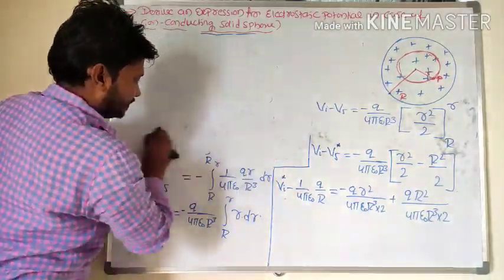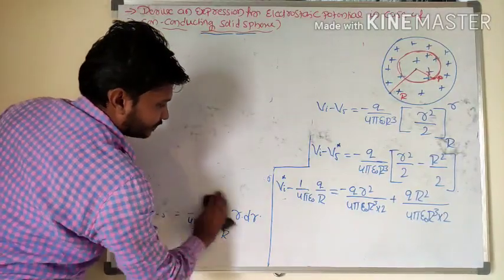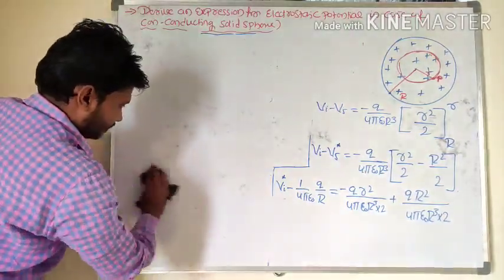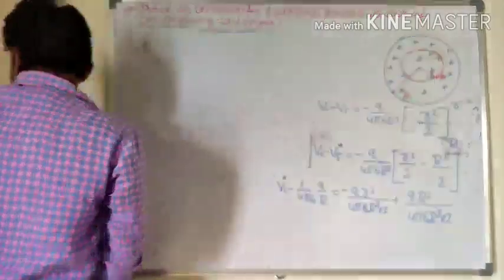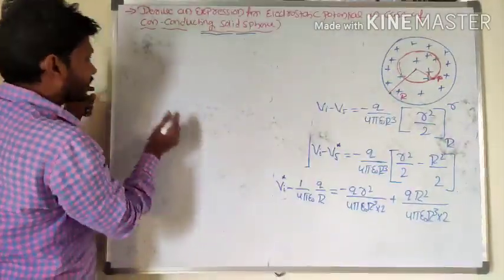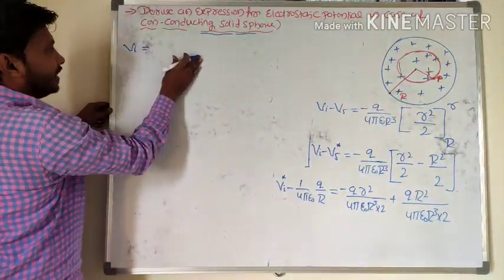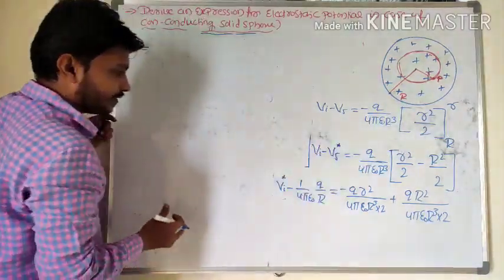So let me write this equation here. Look here, V of I is equal to... shall I shift this equation to the right side?